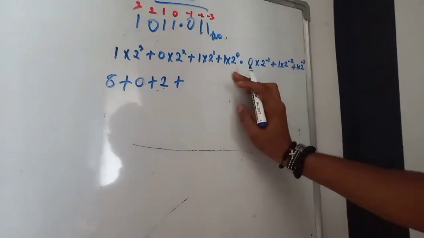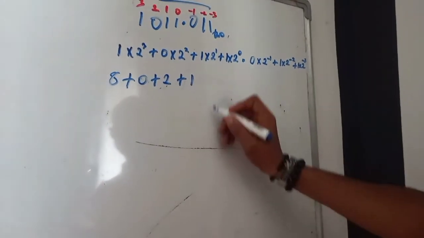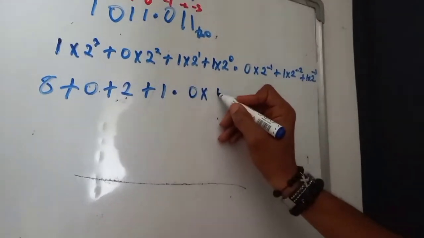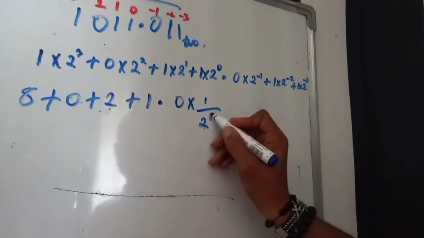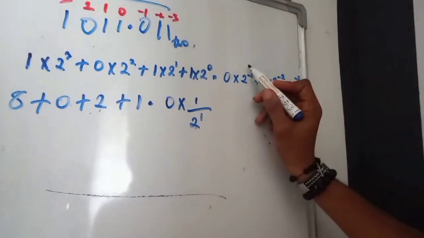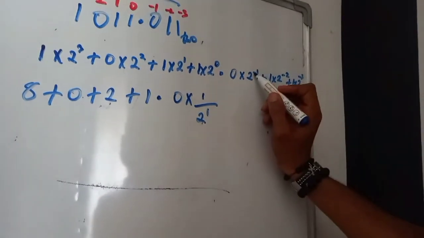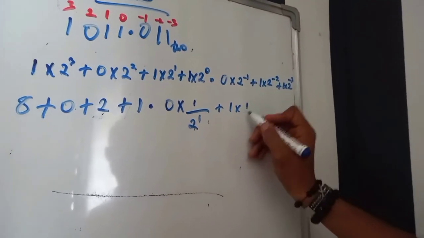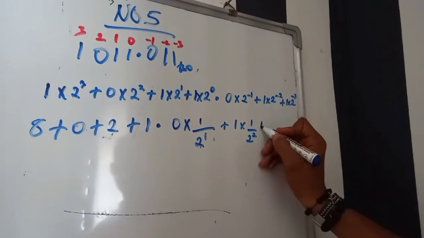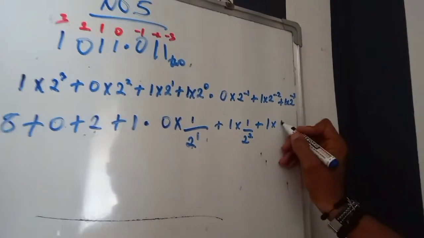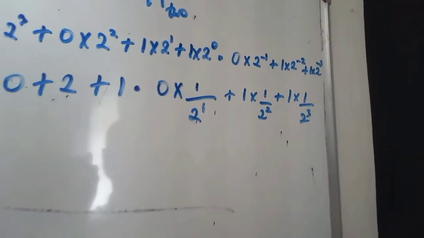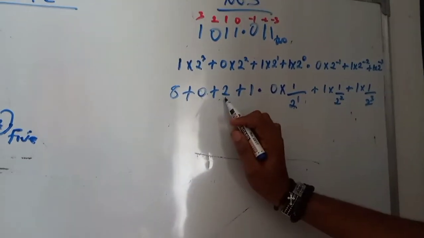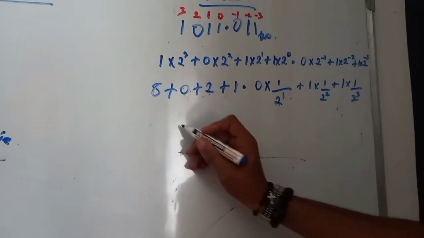Plus 2 to the power 0 is 1, 1 times 1 is 1. Then the fraction: 0 times 1 over 2, plus 1 times 1 over 2 squared, plus 1 times 1 over 2 cubed, because you have a negative sign, so it's a fraction. So 8 plus 0 is 8, 8 plus 2 is 10, and plus 1 is 11.